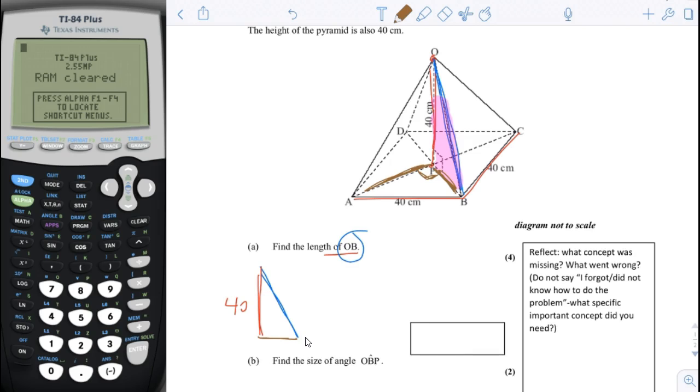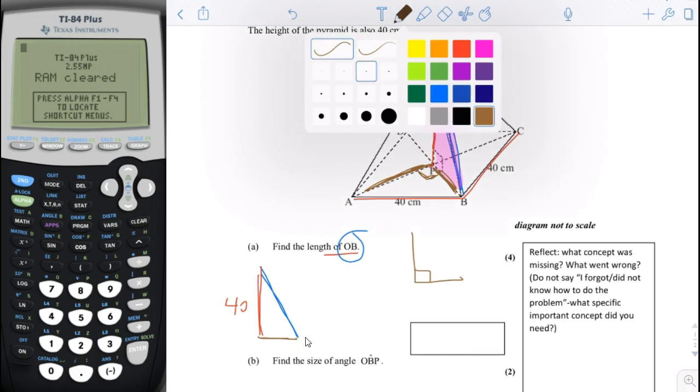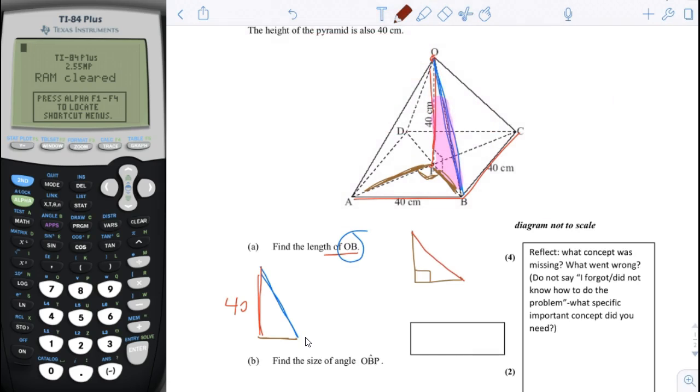So we could use that fact to figure out the length of one of the brown sides. We know that the red side is 40, and we want to figure out one of the brown sides. Since both the brown sides are the same length, we could say that both of the brown lengths are equal to length x. Then we could use Pythagorean Theorem.